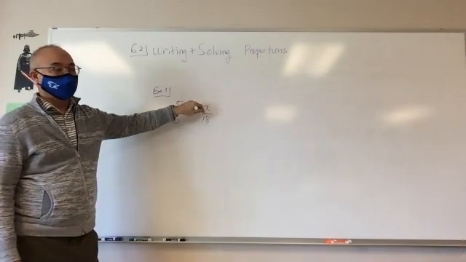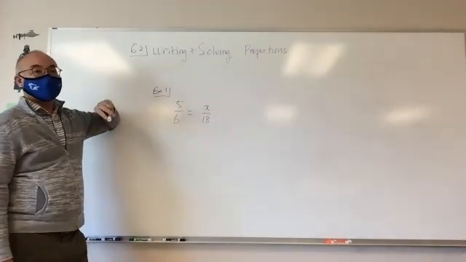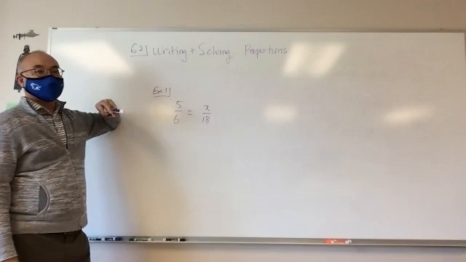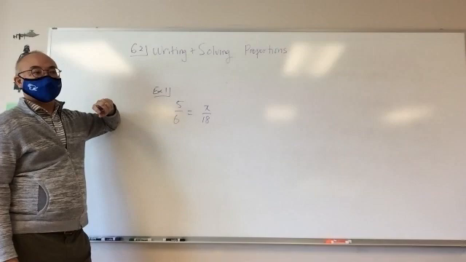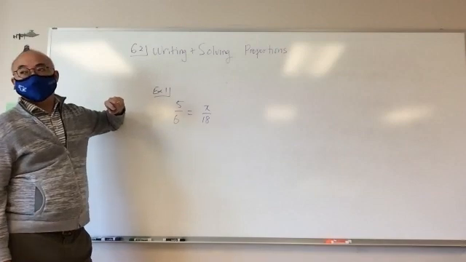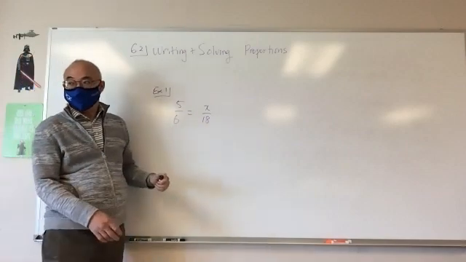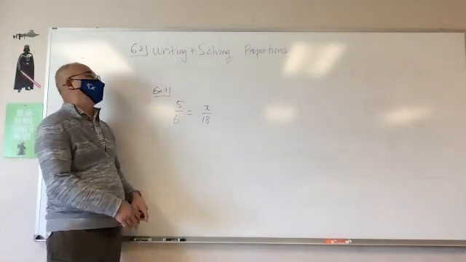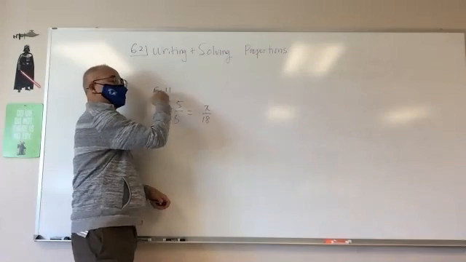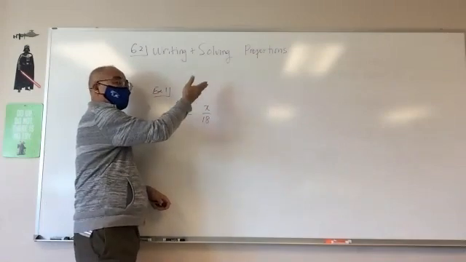Pretty simple. Can anybody tell me another way that you were told how to solve this? Did you ever do cross multiplication? Yes, we did do it, but I don't remember. So you'd multiply these two together, and you'd multiply these two together.